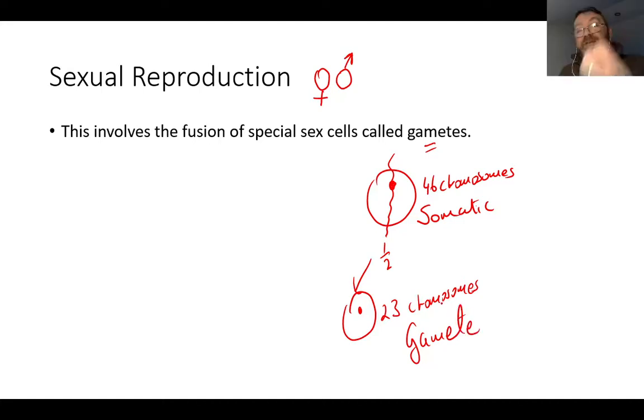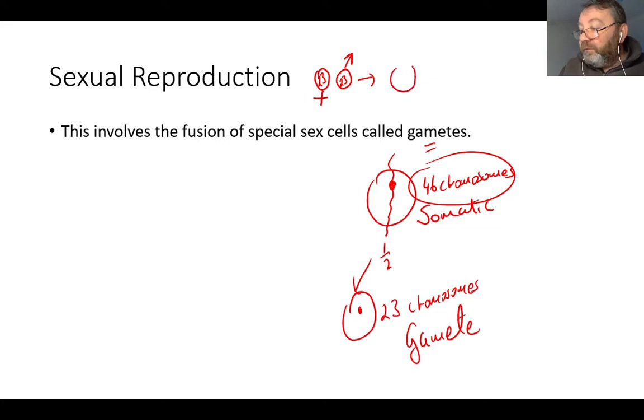In order to have a cell that can contain the full set of instructions to produce a living human being, I need 46. So straight away you can see that 23 pieces of information will come from the mother, 23 pieces of information will come from the father, and that will give rise to a cell with the required 46 pieces of information, the 46 chromosomes, okay? And only when the 46 are there and present do we say that we have a cell that is ready to start growing.